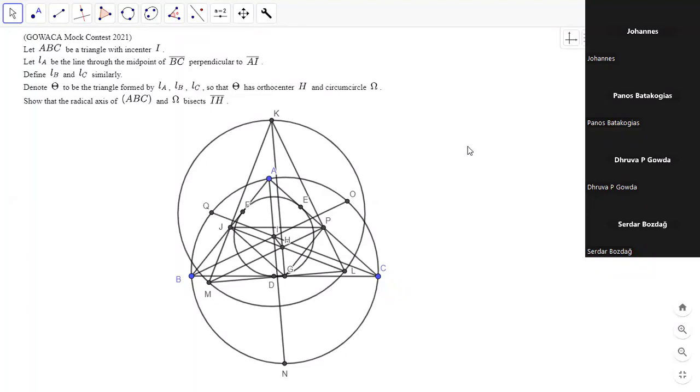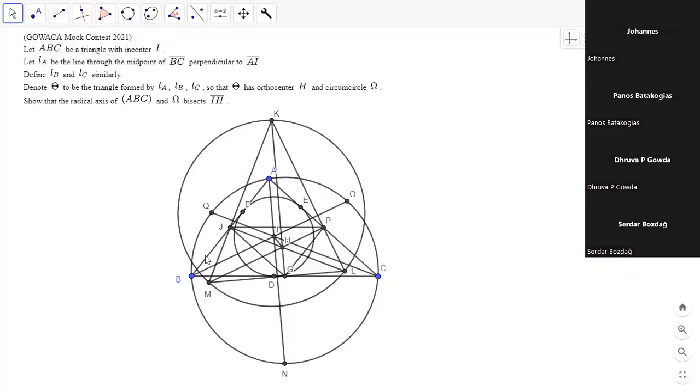Okay, so we want to show the midpoint of IH has the same power with respect to both circles.